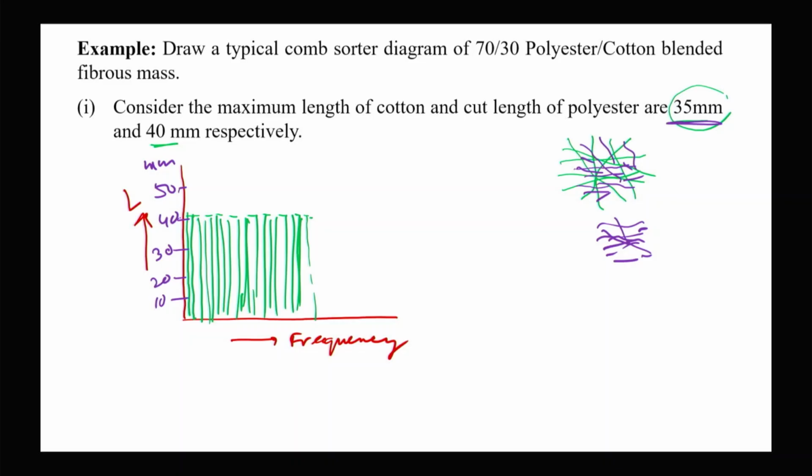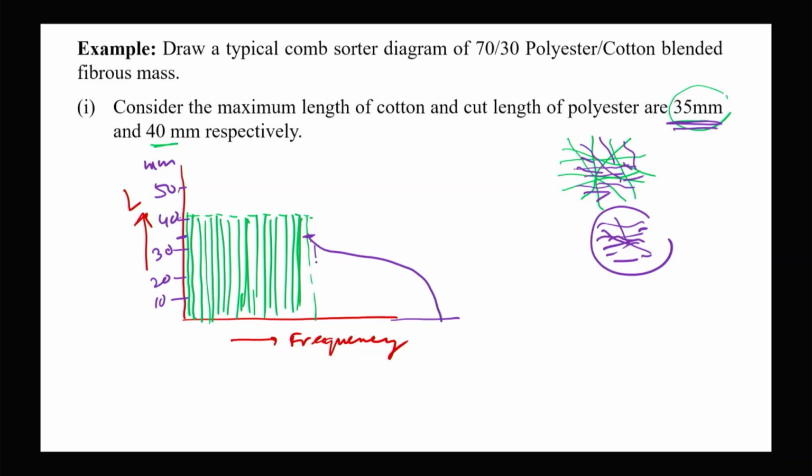Now 35 mm is the maximum, so the cotton portion will start from this point 35, and then all the cotton fibers will have the normal comb sorter diagram.